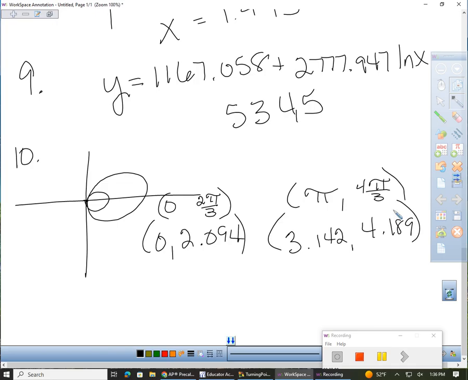Well, what's your y value when it's 4.1? You know, what's your y value when you're at pi? You didn't put the whole thing in, silly.